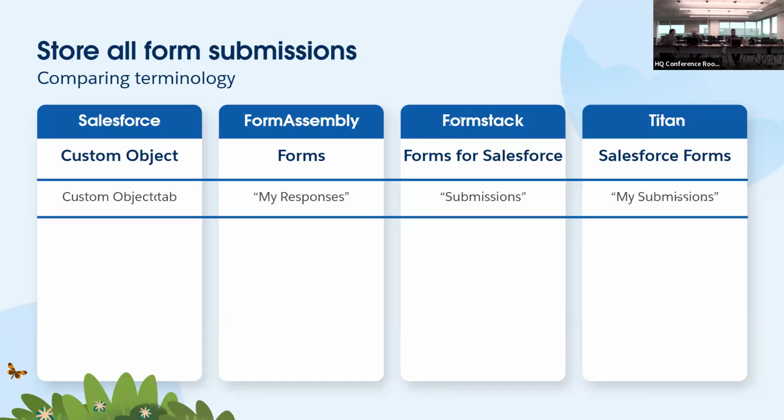Another really good reason to do this is you can eliminate any issues with people submitting your form by not having any synchronous automation on this object. No validation rules. It's literally just a dumping ground to put data into Salesforce. Doesn't mean you can't automate it at all, just don't do it in a way that affects the transaction.